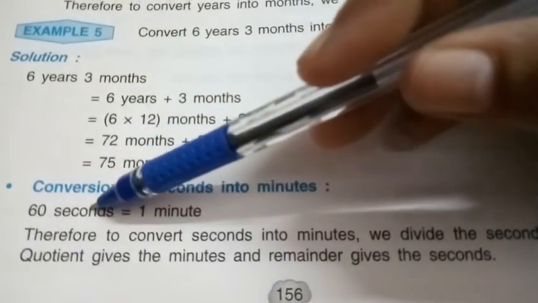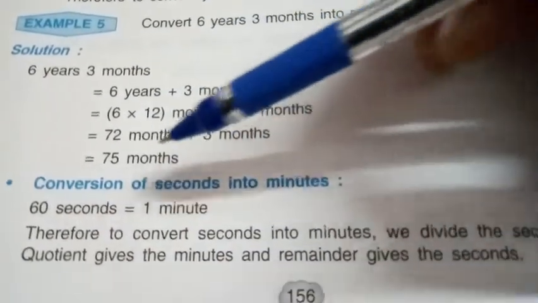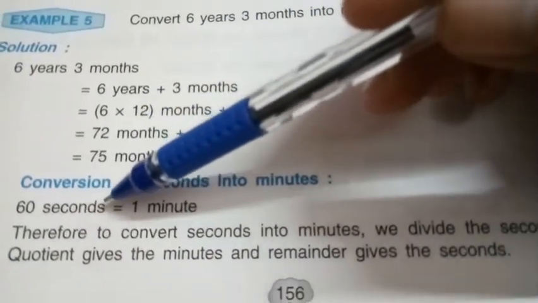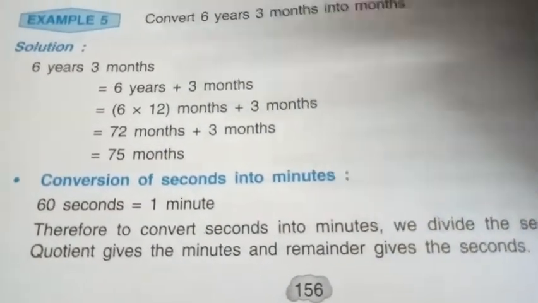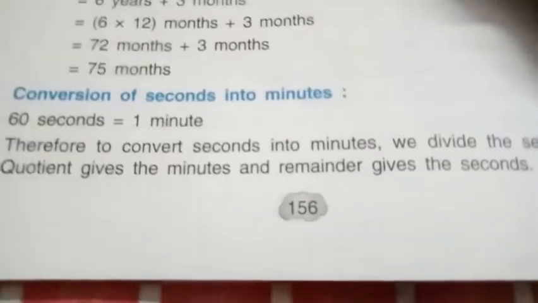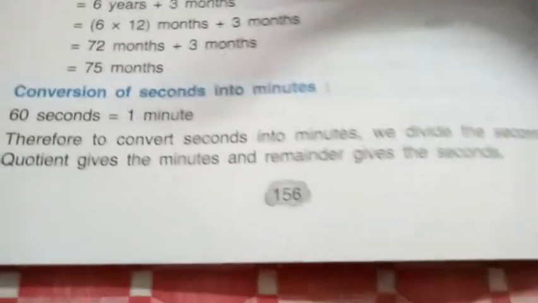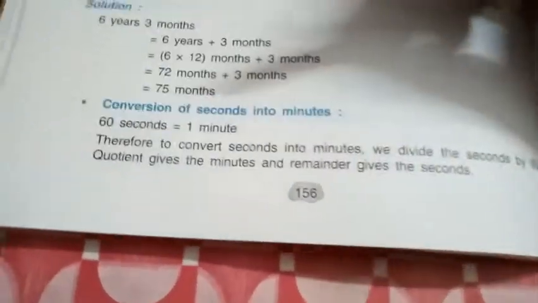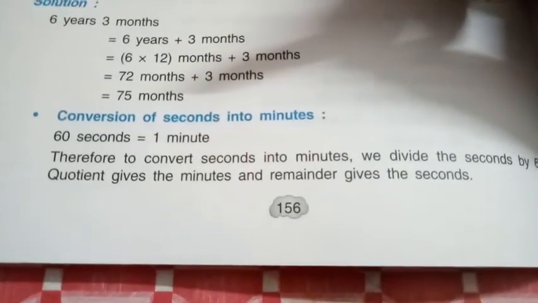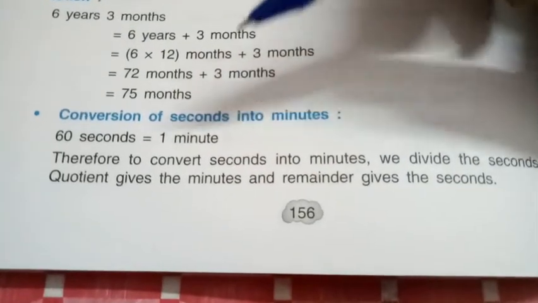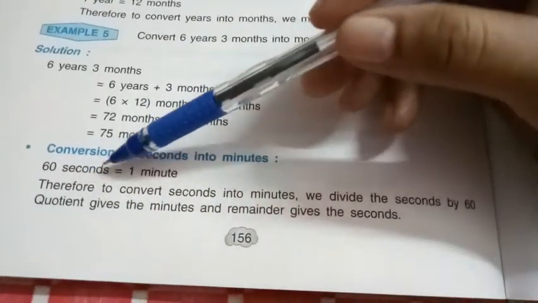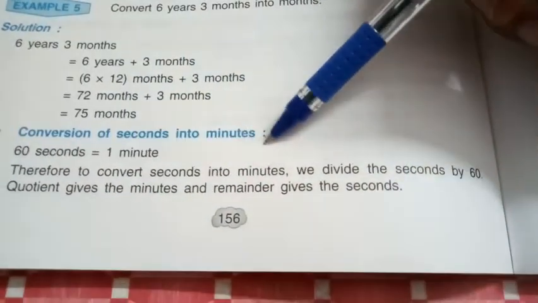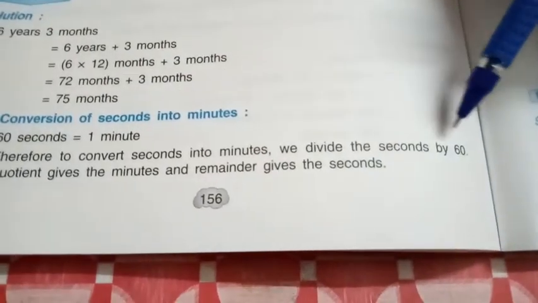As we all know, second is smaller than minute. Second is the smallest unit of time. Conversion of seconds into minutes: the units will be the same, but in place of multiplying, we will do division. 60 seconds is equal to 1 minute. Therefore, to convert seconds into minutes, we divide the seconds by 60.